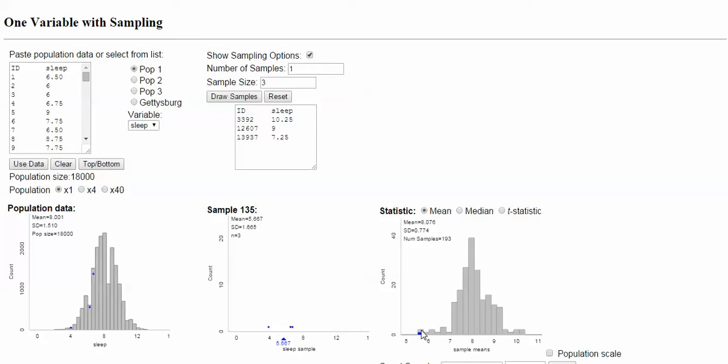Up here, this sample has a mean of 5.7. Both of these sample means are pretty close to 5.7. They both round to 5.7, which is why it stacked them above each other.